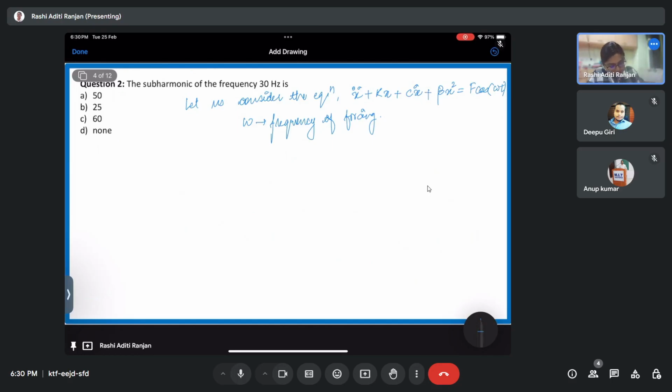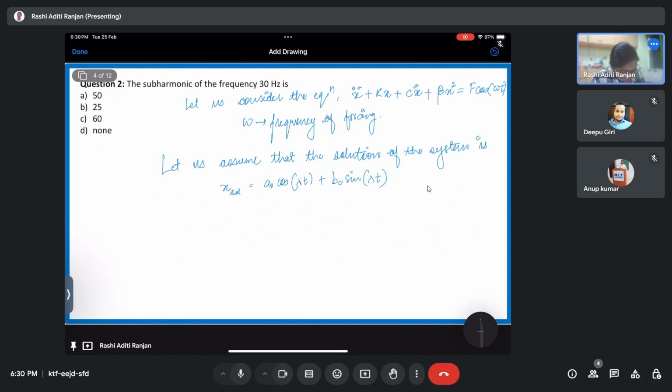So let us assume, okay, I have assumed the solution as nothing but a naught cos of lambda t plus b naught sine of lambda t. What is lambda?